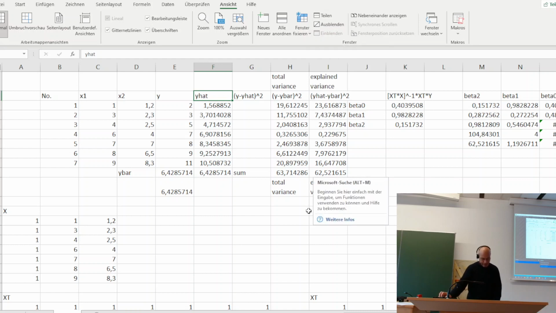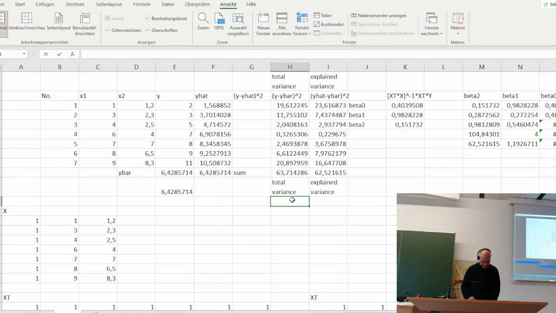Okay, so then we can calculate r squared by 62.5 divided by 63.7, and this is 0.98.